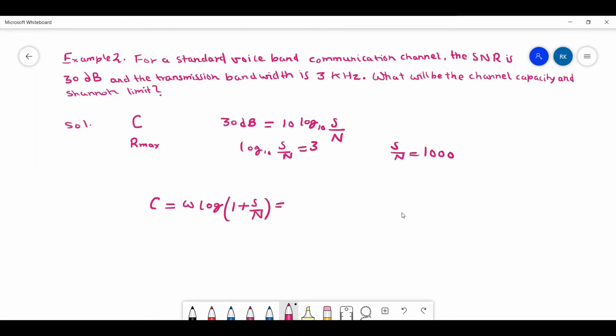So we are going to have 3 log 1001, and this log value is base 10. Remember, it is base 10.